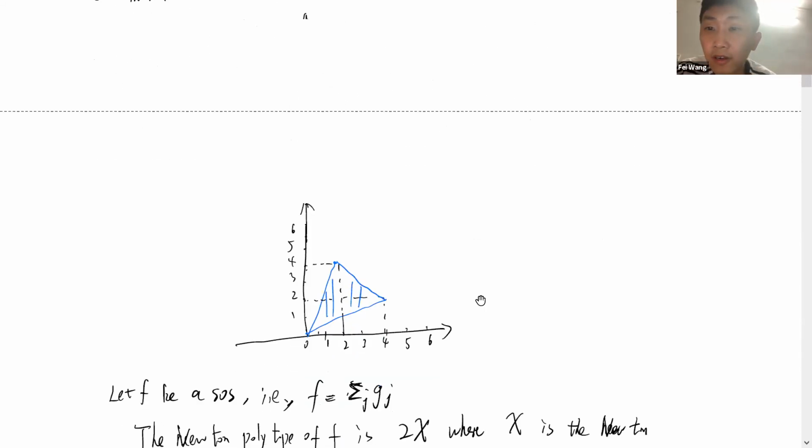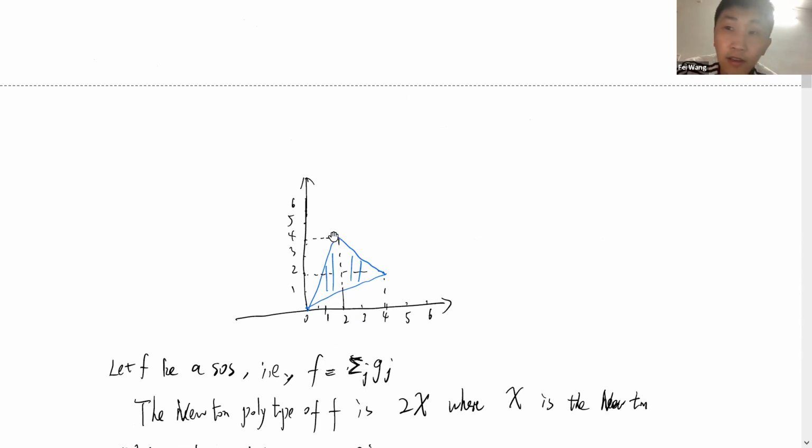So we have a point here, x^2 y^4, and a point here, x^4 y^2, and of course we have 0 0. Then you draw the convex hull: you connect all these points, and all the monomials of the Motzkin polynomial are inside the convex hull, the blue triangle.